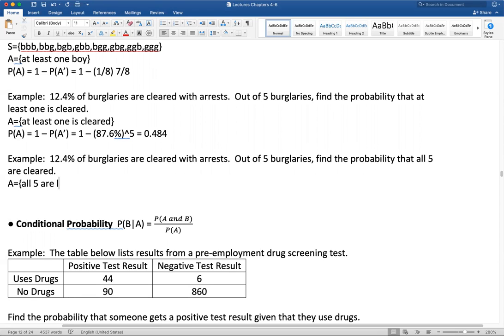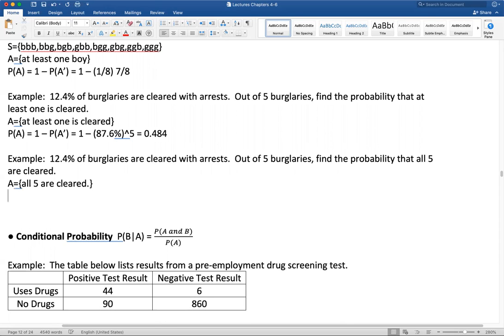Let's say event A consists of all outcomes representing that all 5 are cleared. Actually, event A has only one outcome. So P of A is going to be what?